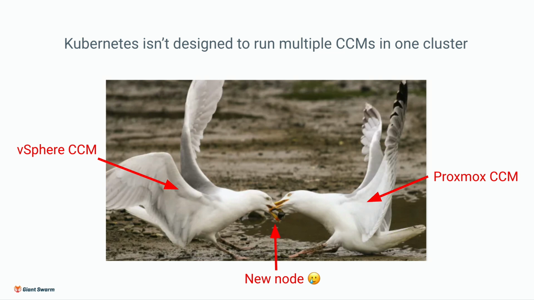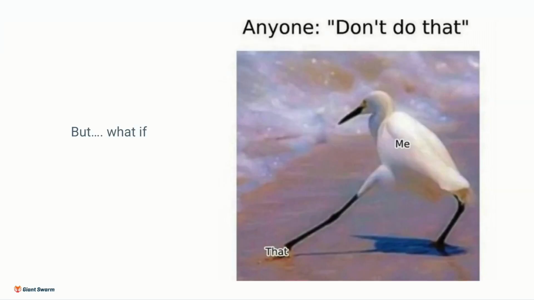Kubernetes is not designed to run multiple CCMs in one cluster. You might say if we were using bare metal, we might not have two CCMs. However, in this case, the vSphere CCM would still try to remove the node which it cannot find, so that might not even help.